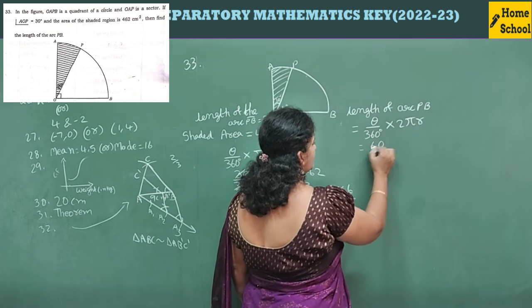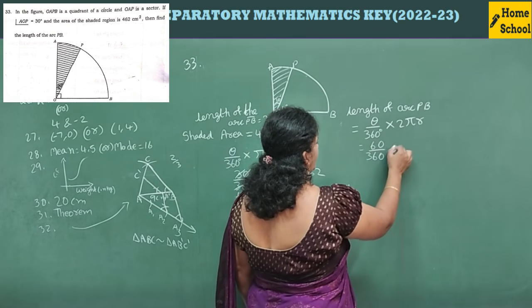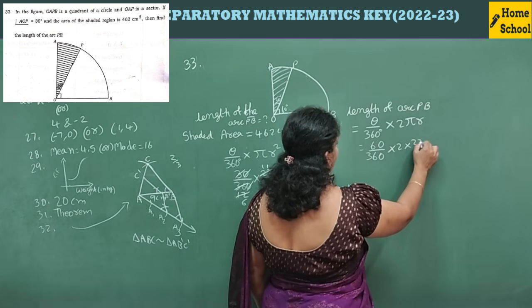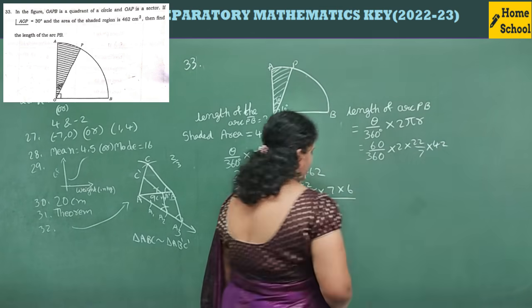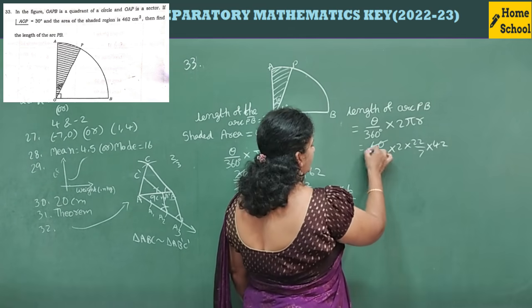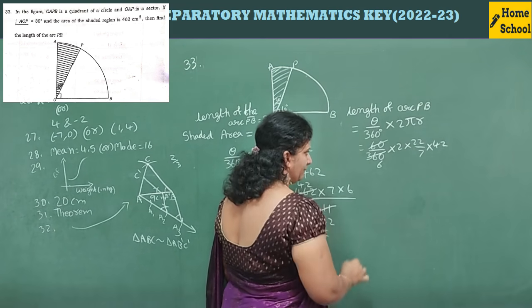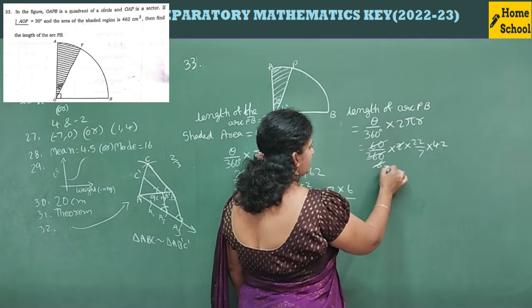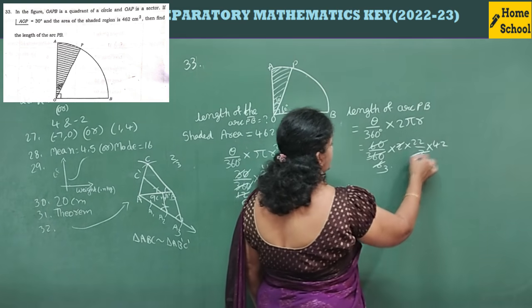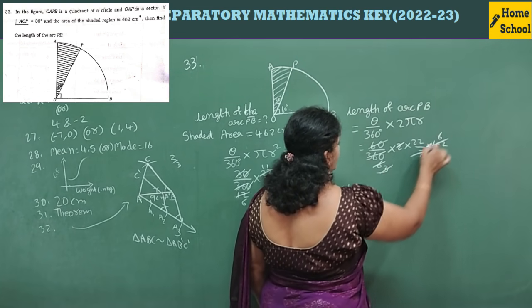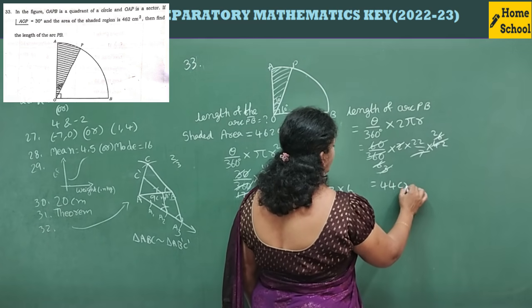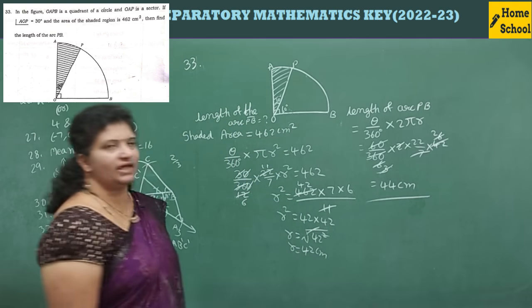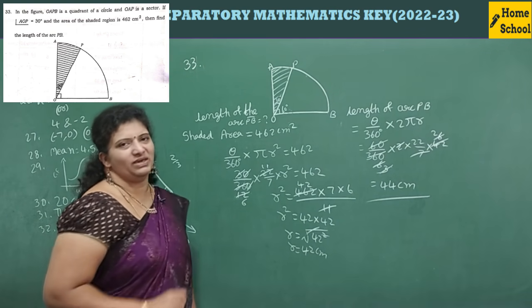Substitute 60 by 360 into 2 into 22 by 7 into our radius 42 centimeters. And this one will be 6, 2, 3, 7, 6, 3, 2, 22, 2, it will be 44 centimeters, the length of the arc PB.